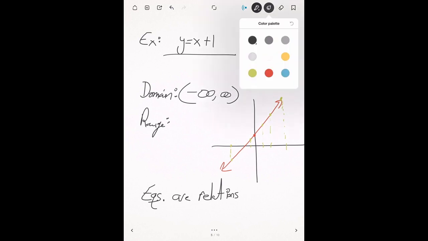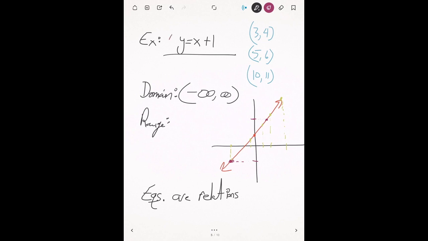Now, if we're taking a look at the range, maybe I'll do that in a different color. We just have to switch directions. That's the y values. So if I picked a random y value, you'll notice that any y value I pick, there will always be a coordinate point for that y value.